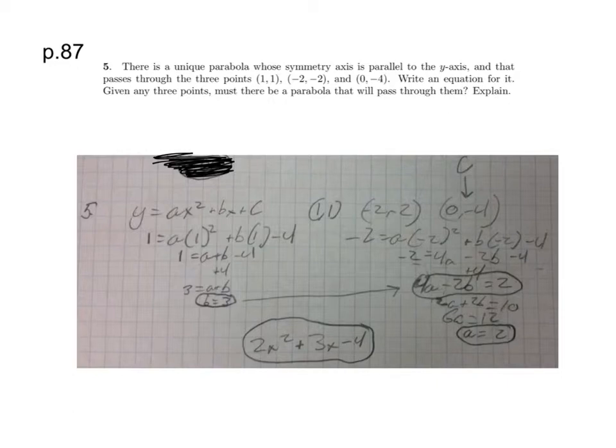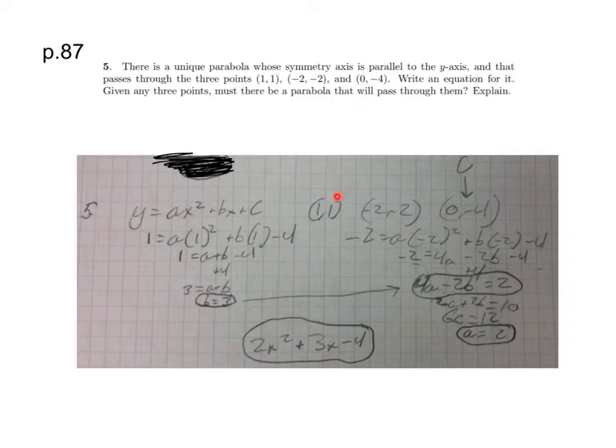Explain. Alright, so what we did originally was we took the 3 points, (1, 1), (negative 2, negative 2), and (0, negative 4), and you can just see from the 3 points that since 0 is the x, then the negative 4 is already the y-intercept, so negative 4 is for c.